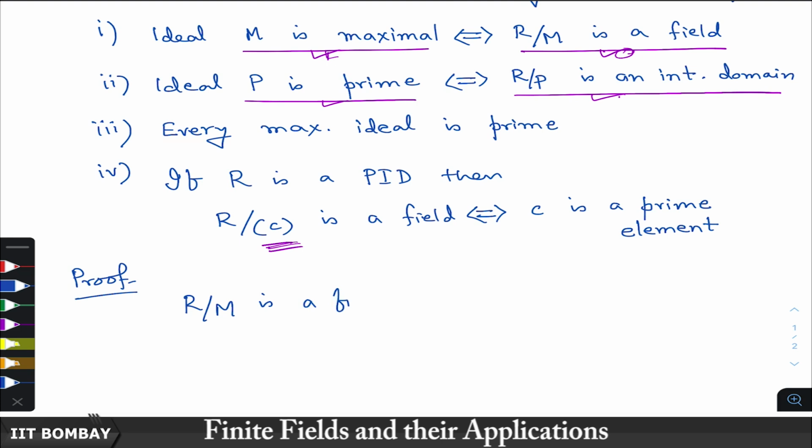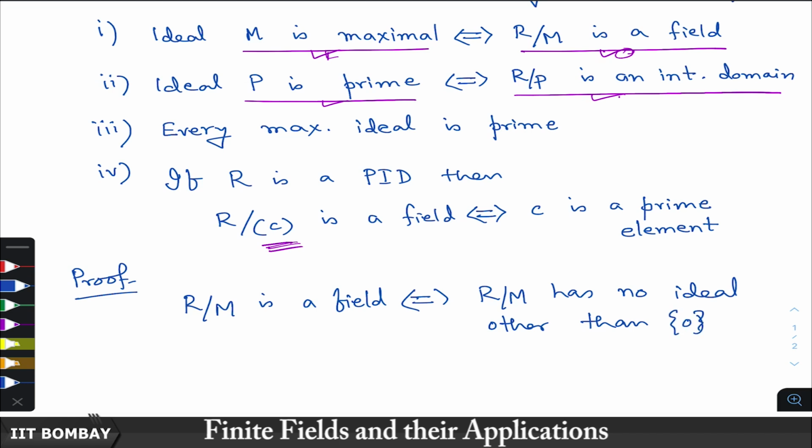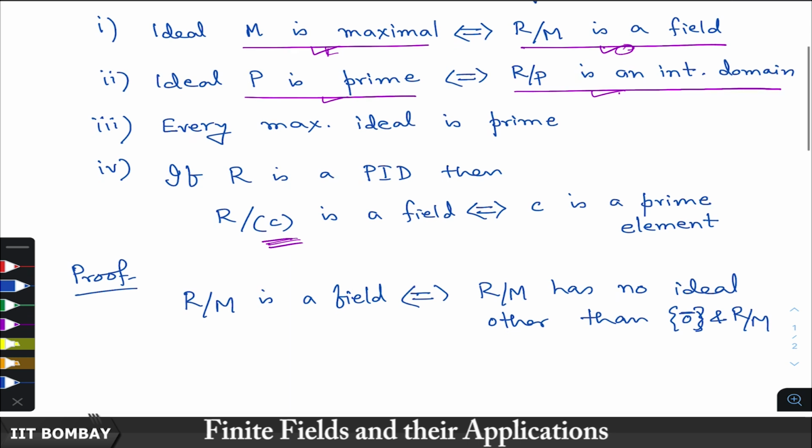This is a field, which implies and is implied by R by M having no ideal other than the zero element, which is the ideal M itself. So R by M has no non-trivial ideal.